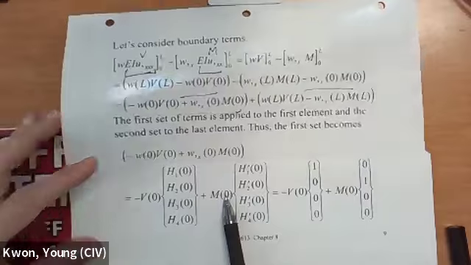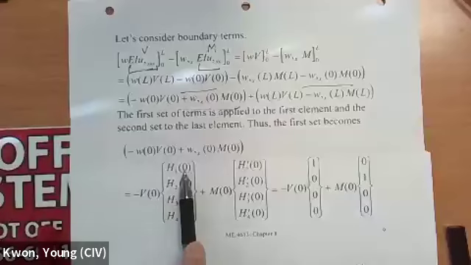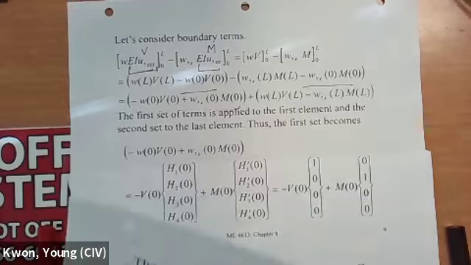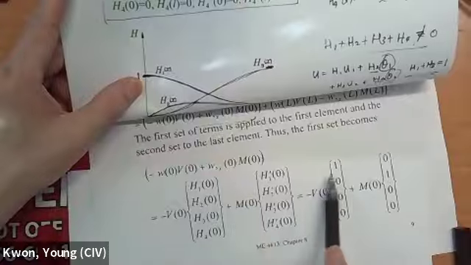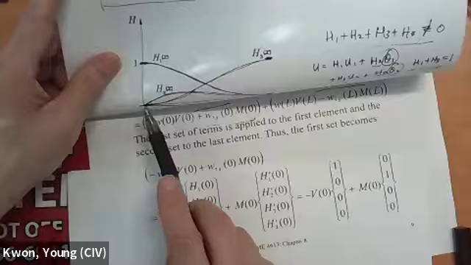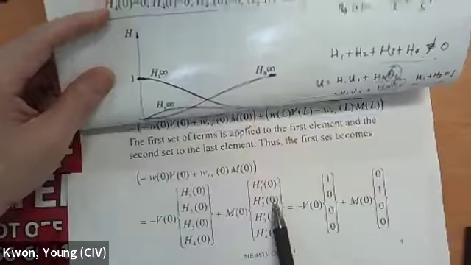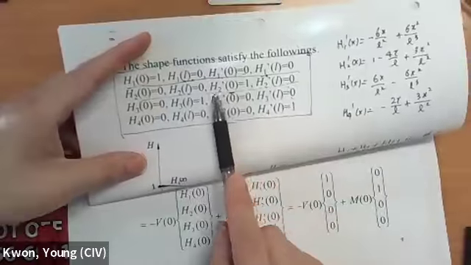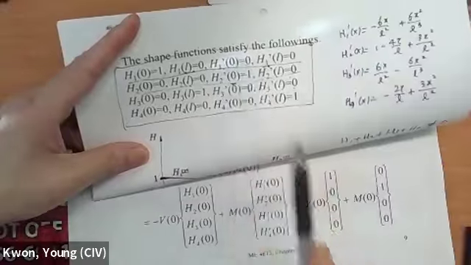So if you look at the property of the shape functions, if you remember the property of the shape function in this slide, at x equals 0, H1 is 1, and the rest of them are 0. And what about the derivatives? H1 derivative at 0 is 0.